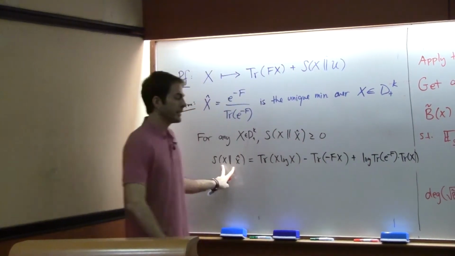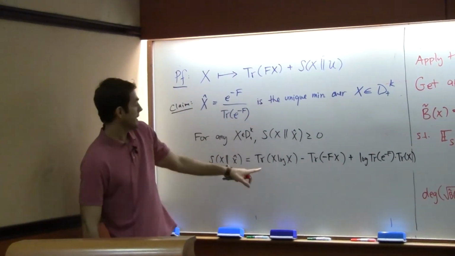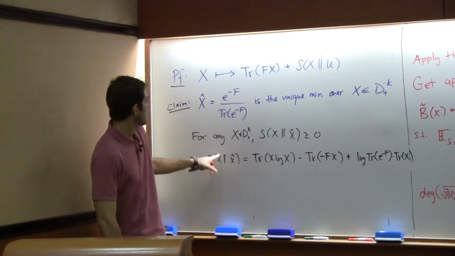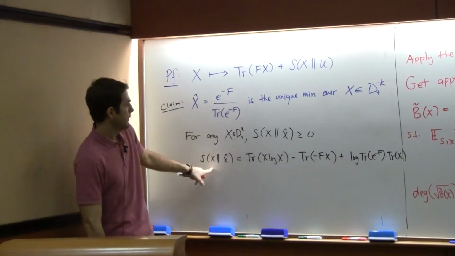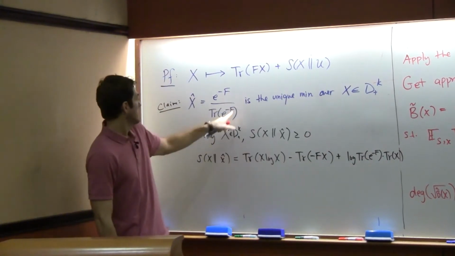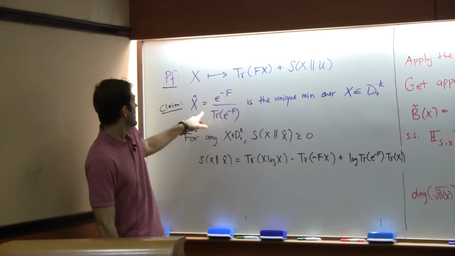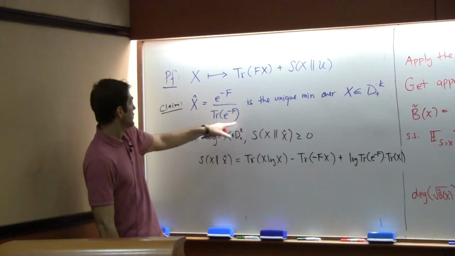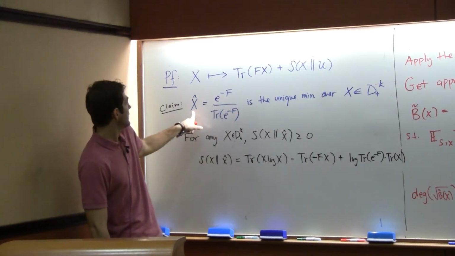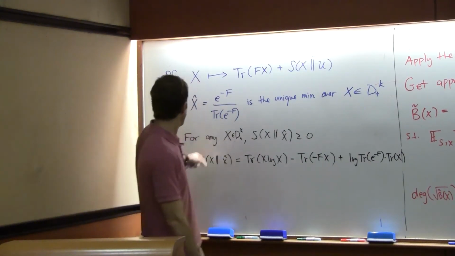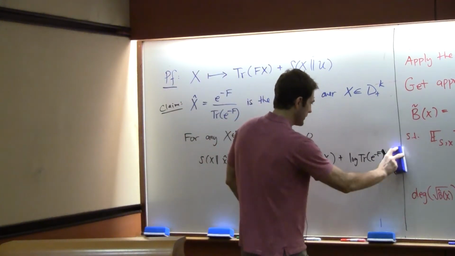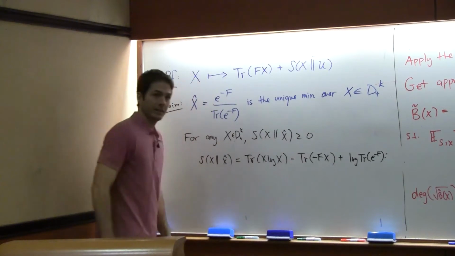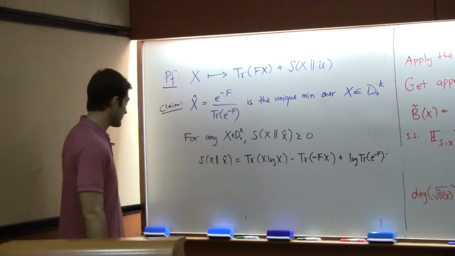So I just plug this in here. The first term is x log x, which I didn't get rid of. The other term is x log x hat. So what is x log x hat? We get a minus f times x from here, and then log of this thing, which is just a constant, times x. And the point is, x is a density matrix, so trace of x is 1. So that's the expression for the relative entropy.